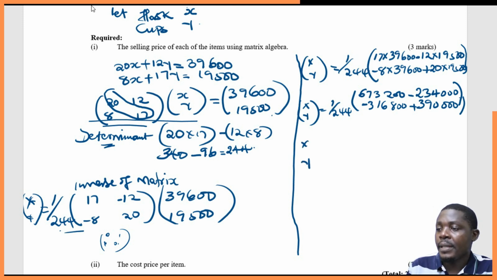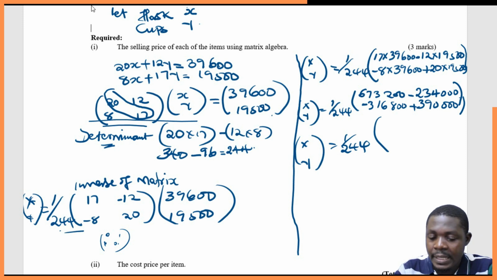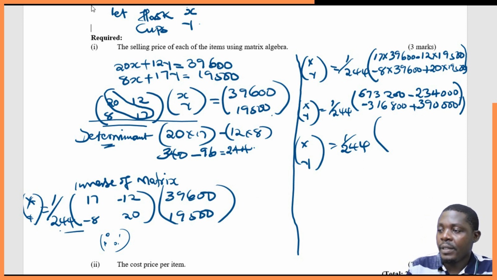So x, y is 1 over 244. Now we have 673,200 minus 234,000, we have 439,200.